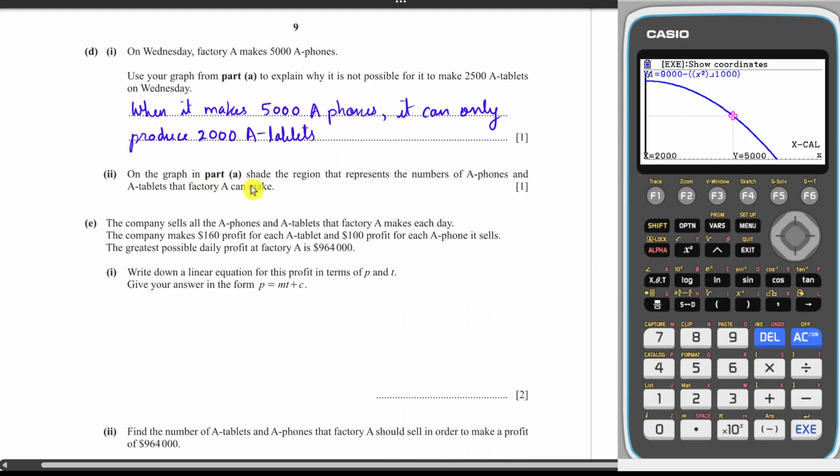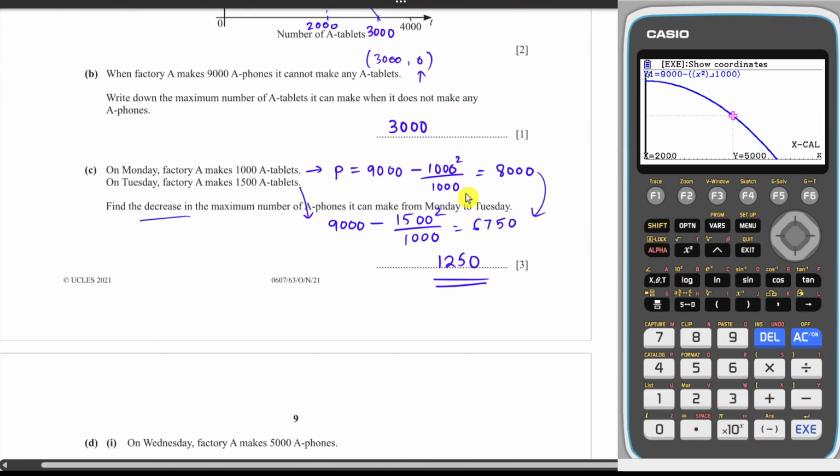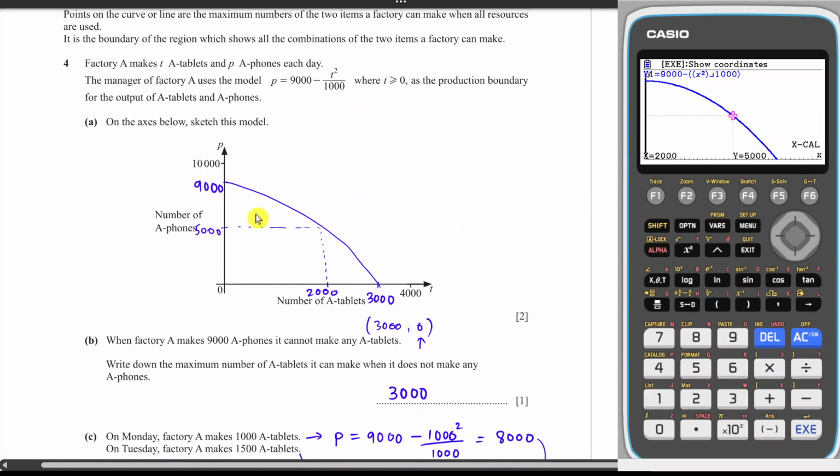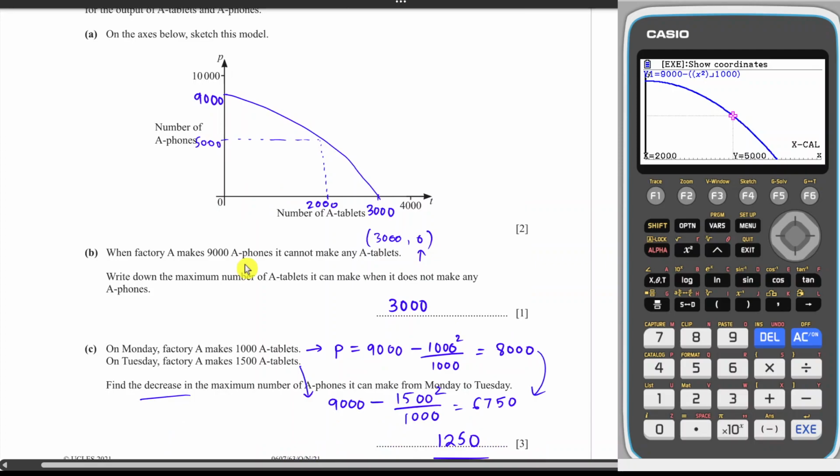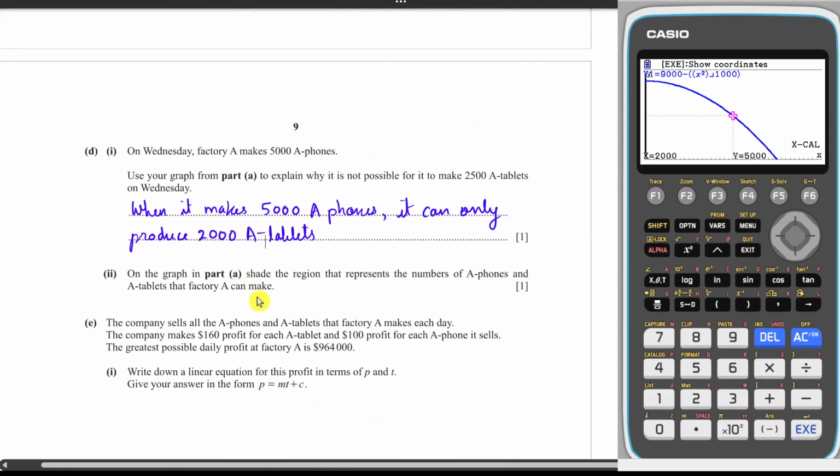On the graph in part A, shade the region that represents the number of A phones and A tablets that the factory can make. Okay. So we have this entire region, this is the optimum place. Anything below this is possible. So that is what they are asking, what factory A can make.